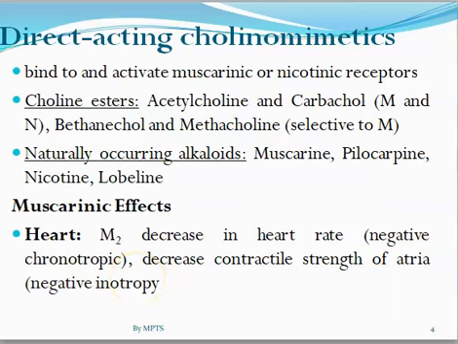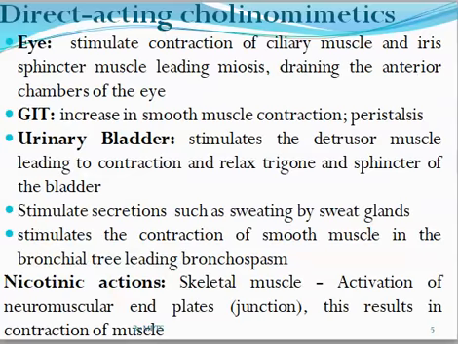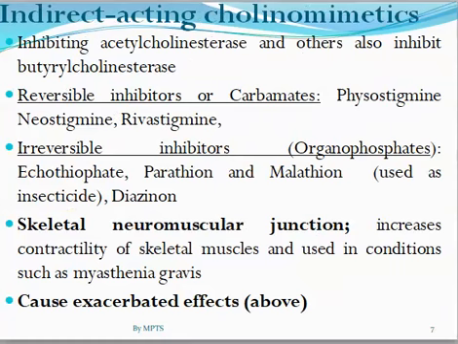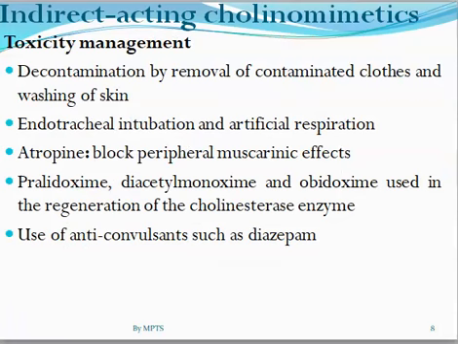It's not broken down. Hence, all these effects are exacerbated. But this one is the most important one: increased contractility, hence used in myasthenia gravis. I'm sure you have myasthenia gravis covered; you can search about it.